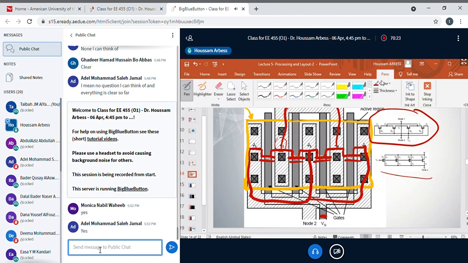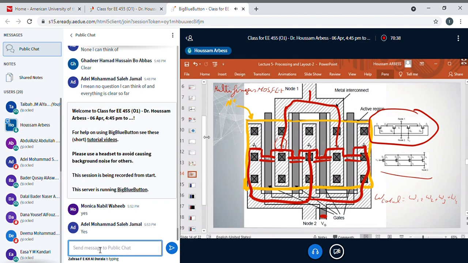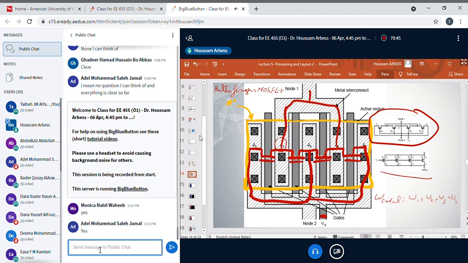Here you have to know that W total, the W for the transistor, is equal to W1 plus W2 plus W3 plus W4. So it's like you have only one transistor with width equal to the sum of the different transistors, as they are connected.